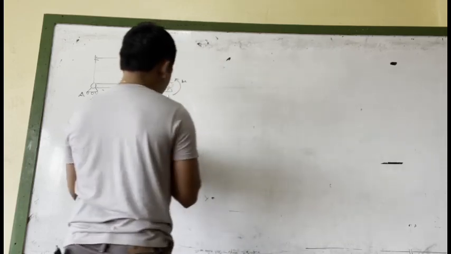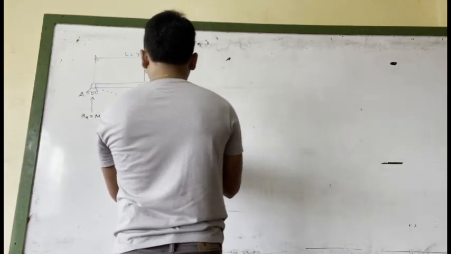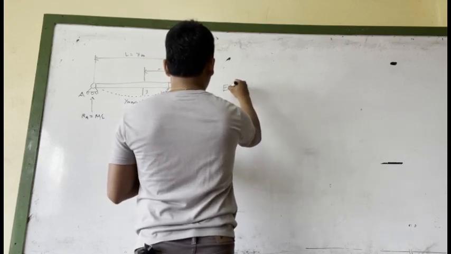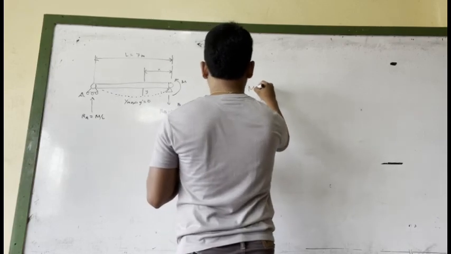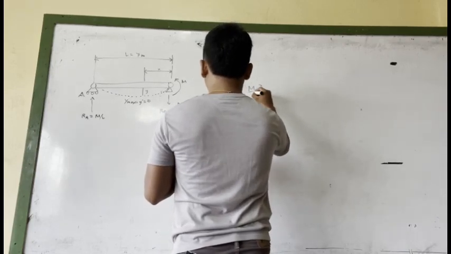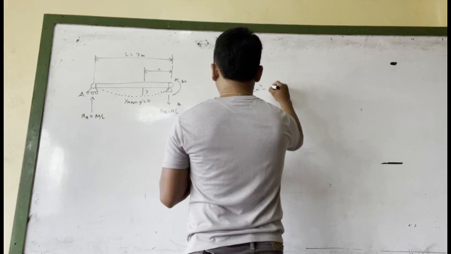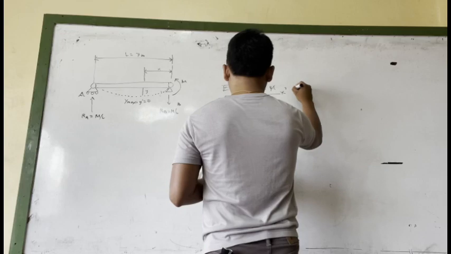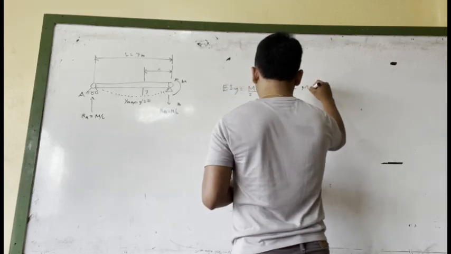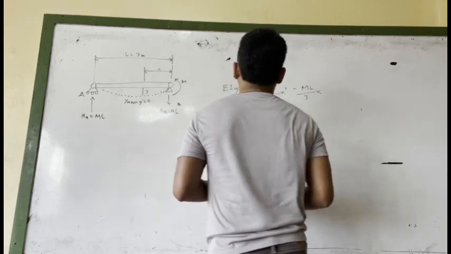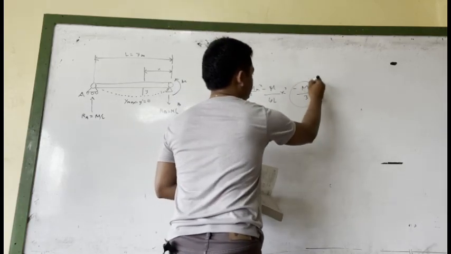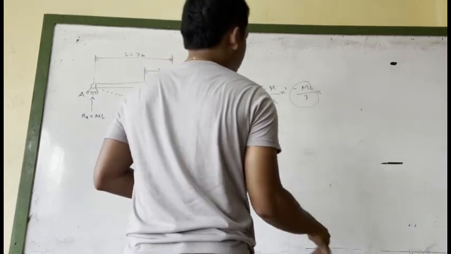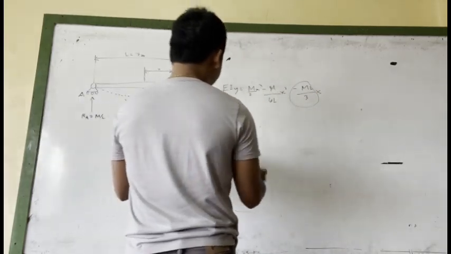For our maximum deflection, we will use the third equation, the last integration, which is EIy equals Mx squared over 2 minus M over 6L x cubed minus ML over 3 x. This is our C1. But on our last integration, we have an x since we integrated our C1, which makes it C1x.